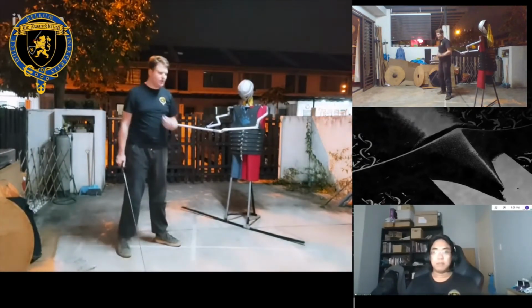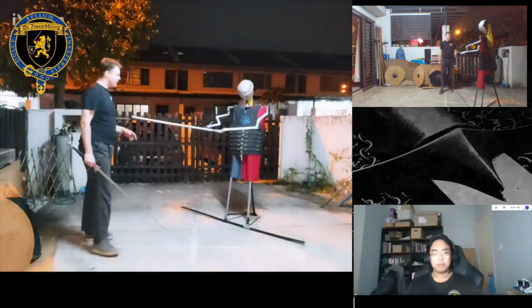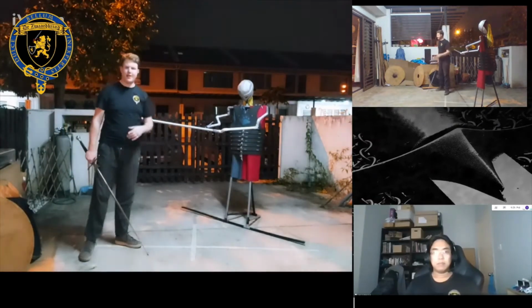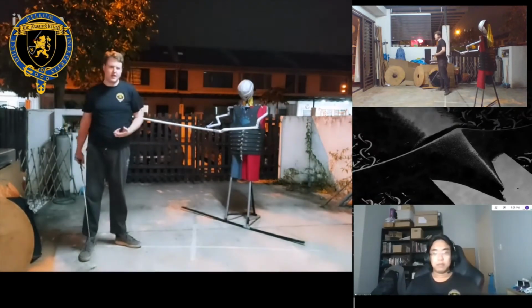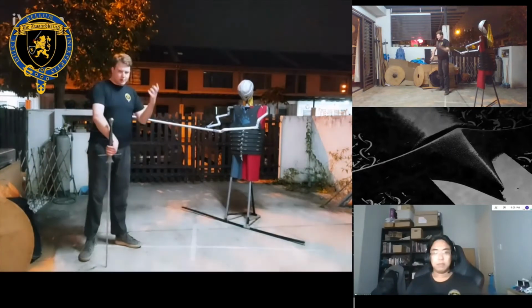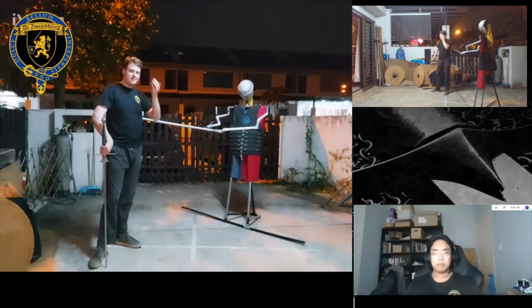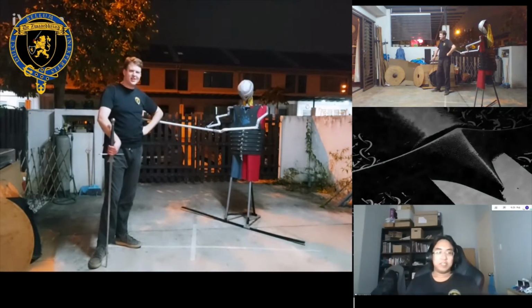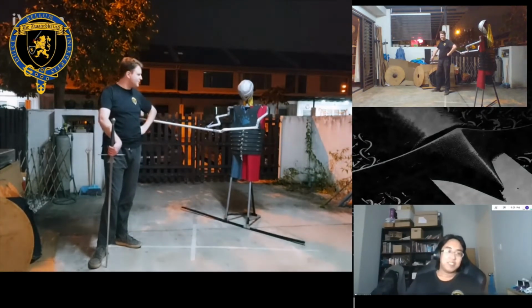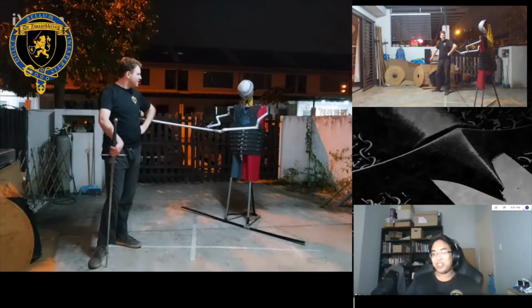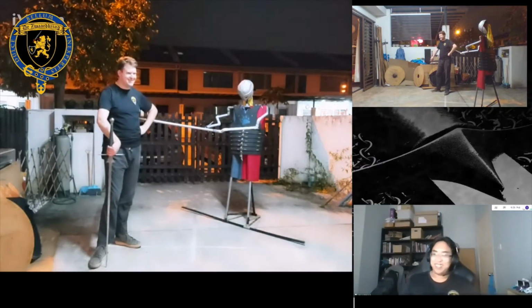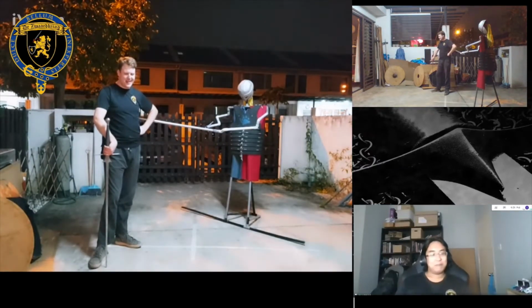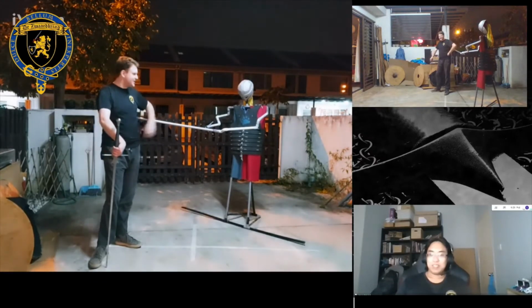So how you can practice this at home is ideally if you have someone to practice with. In the end, sword fighting is a sort of, I don't want to say team sport, but you can't do it by yourself. You need an opponent, right? But all the same, you'll need someone to practice this if you really want to get this.